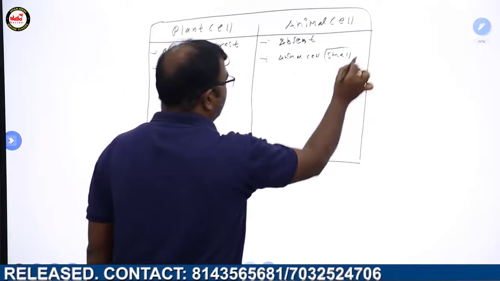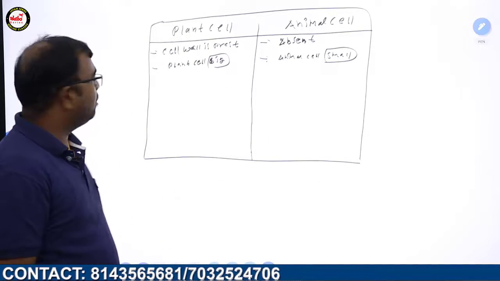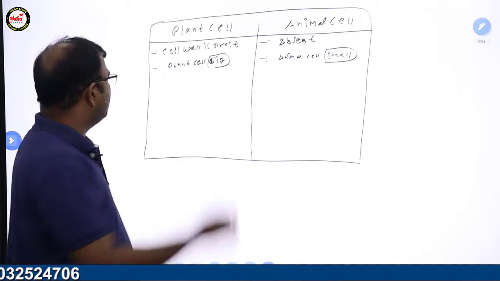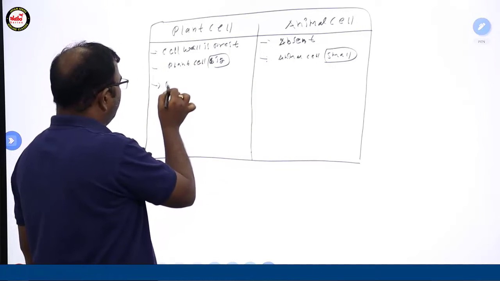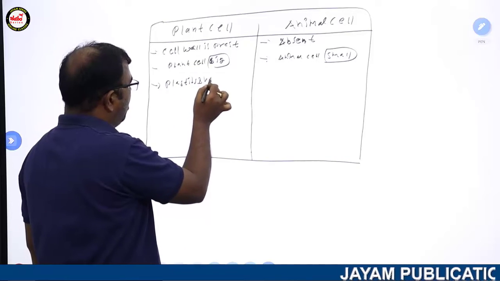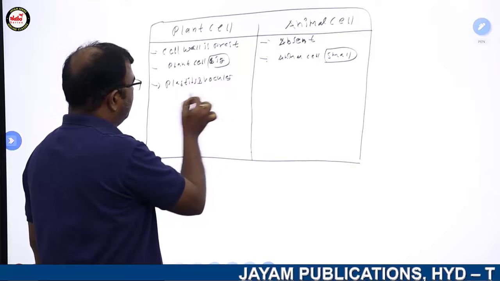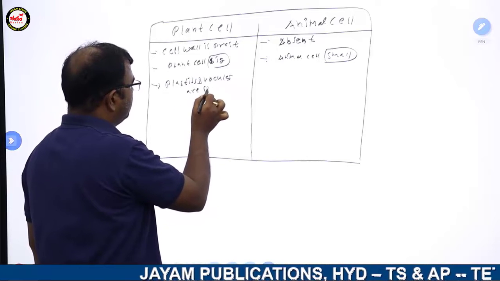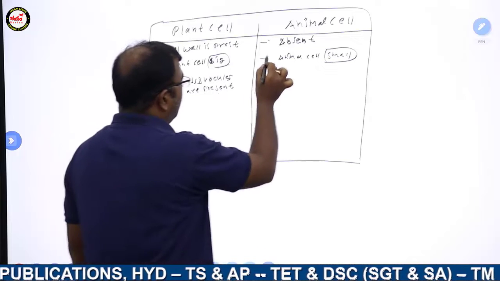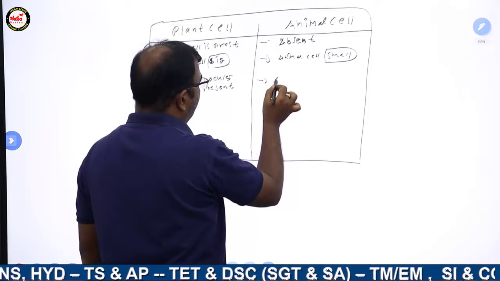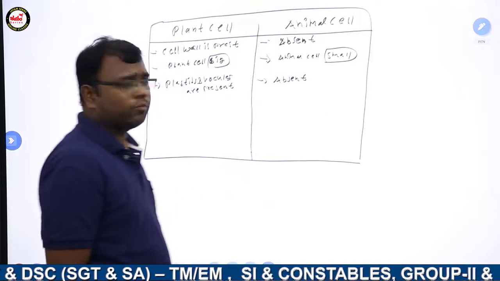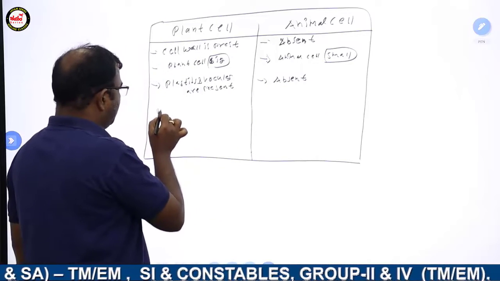Plastids and vacuoles are present in plant cell, and plastids and vacuoles are absent in animal cell.